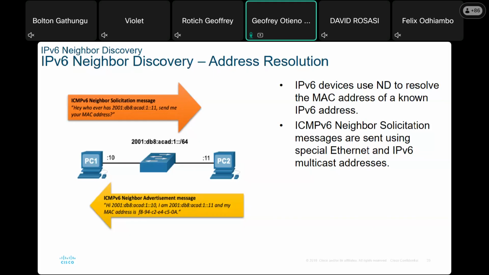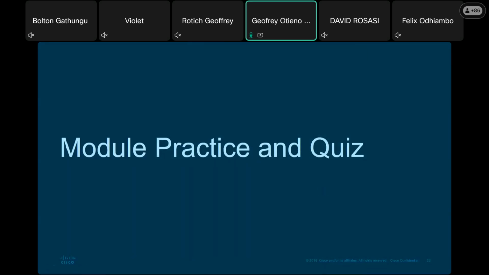In IPv4, unicast, multicast, and broadcast. But now here we are doing away with broadcast. So that means multicast will perform that role within IPv6. Okay, so that's the process that we have there.